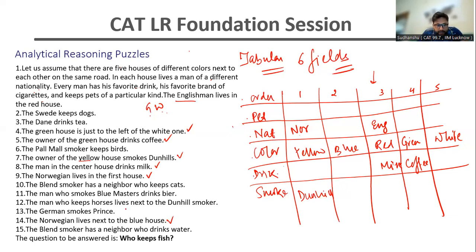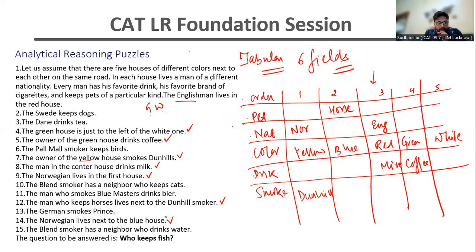The man who keeps horses lives next to the Dunhill smoker. Another free gift. So put horse here. So far, we have utilized 7 pieces. I have a total of 15, so I have 8 more. And I have some cells left to be solved. Let's see what I can do next.